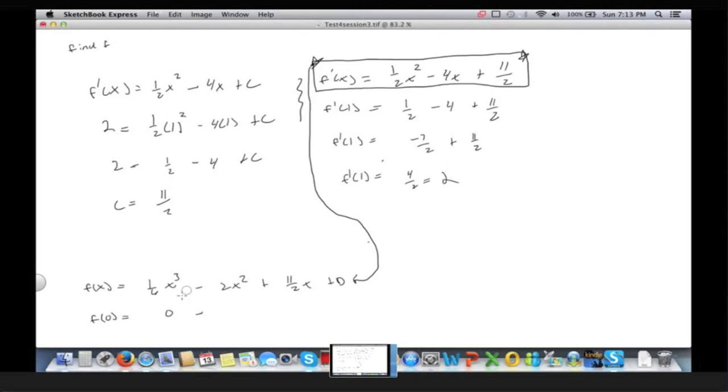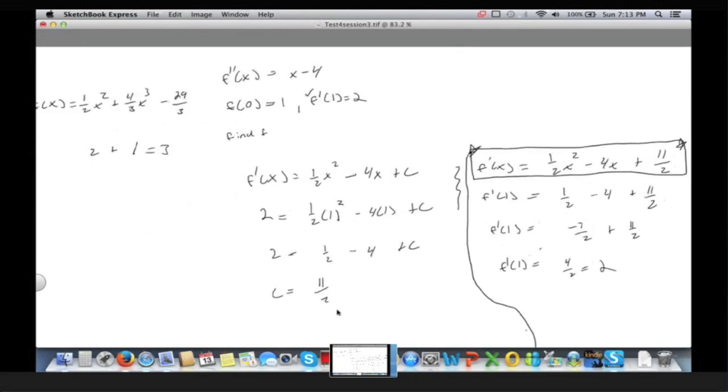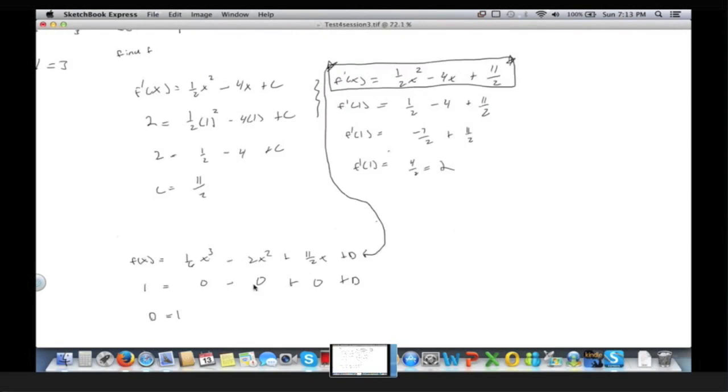Well, that's 0 plus 0 plus d. T equals 1, so now let's find f.